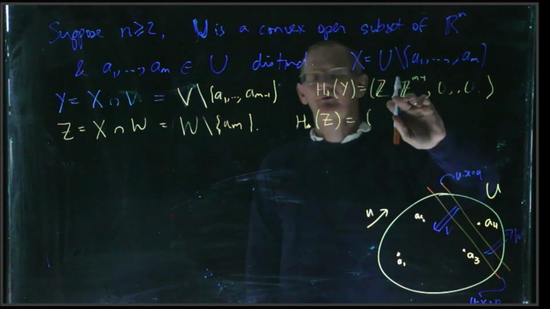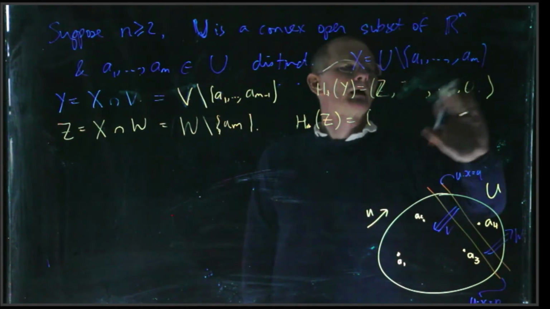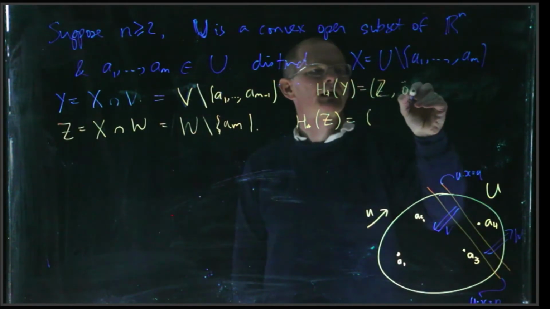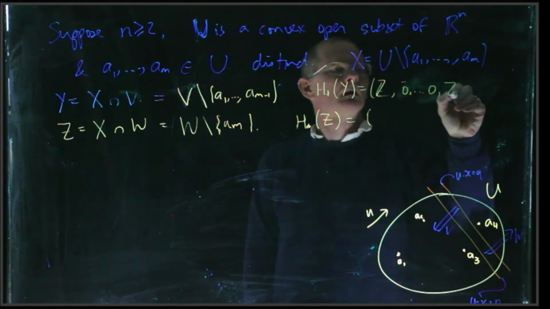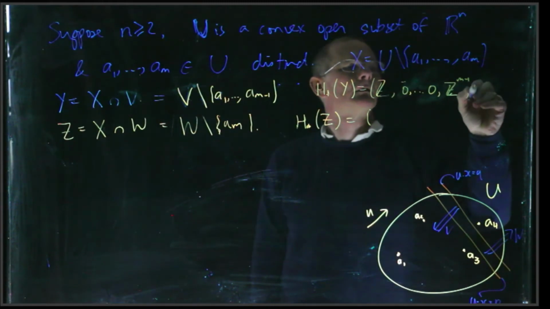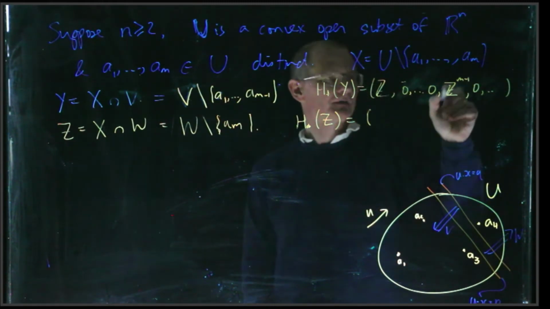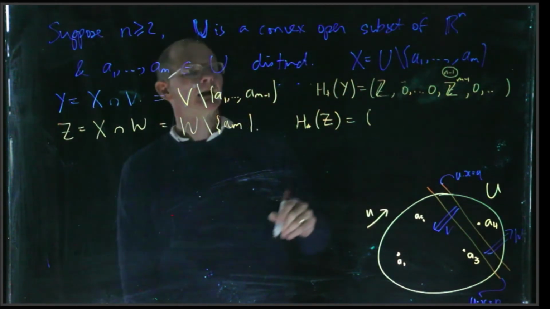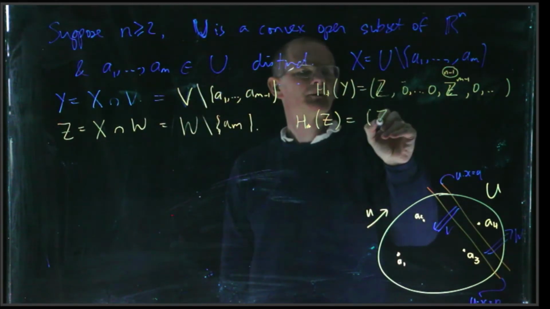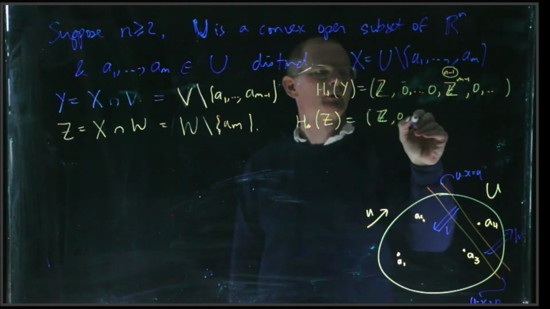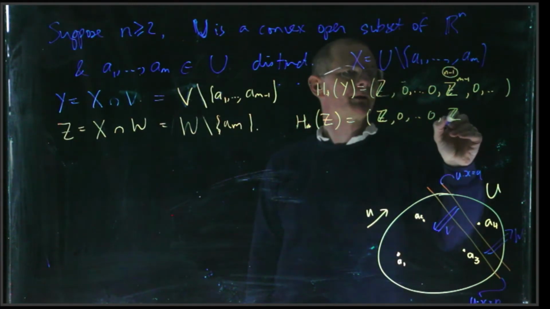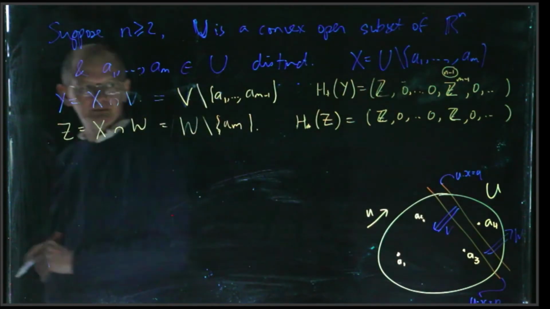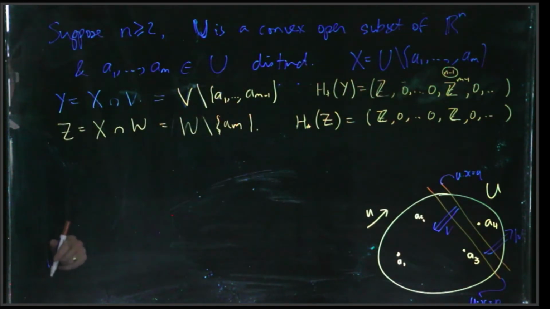That was sort of supposed to be for the two-dimensional case. So here this is happening in degree n minus 1. And for your Z, similarly, you've got Z here in degree 0, and then a single Z up here in degree n minus 1, and everything else is 0.